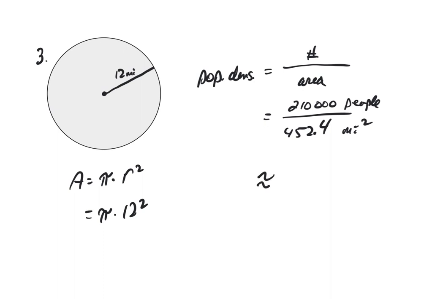So when we do the division, 210,000 divided by 452.4, we get approximately 464.2 people per square mile.